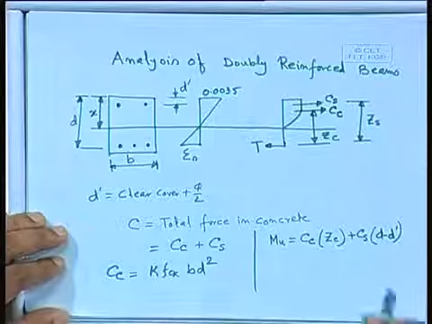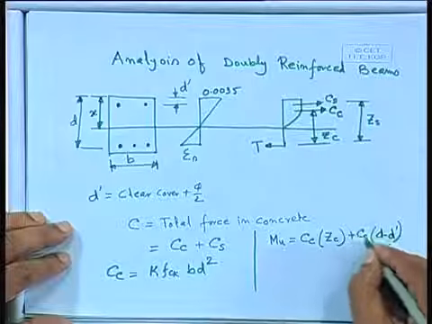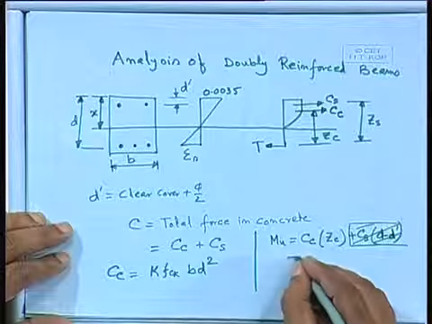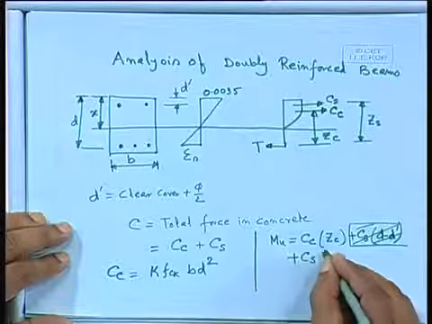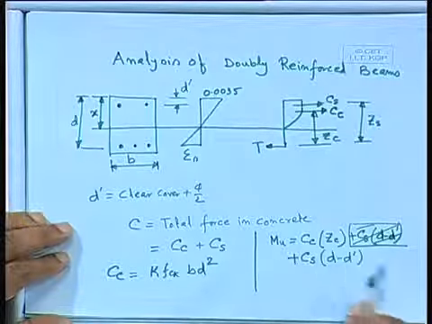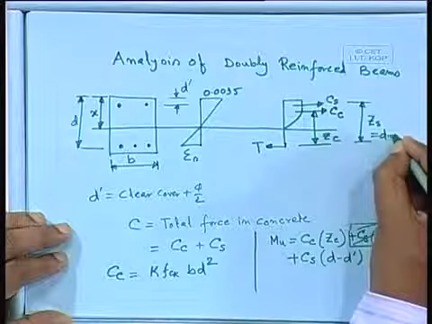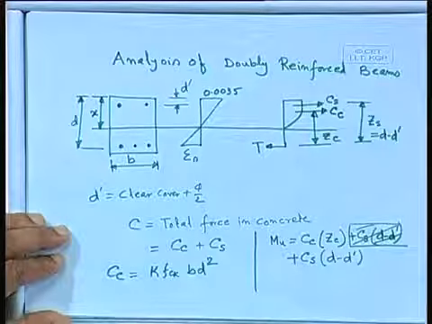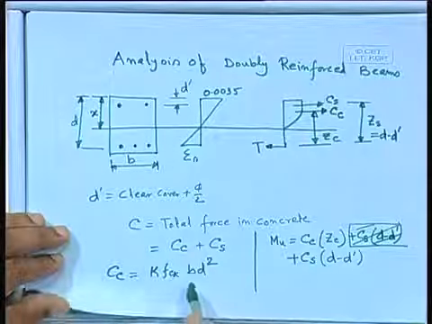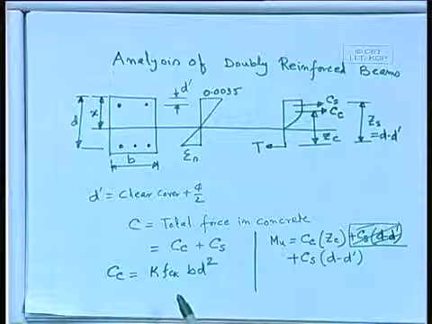It is always d minus d dash. I mean to say Z dash equal to d minus d dash. And this Cc is nothing but K fck b d square, depending on the steel used. Depending on the steel used, we shall get it.